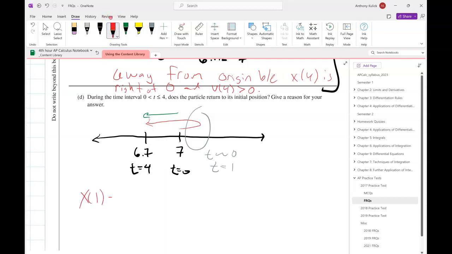So if I do x of 1, 7 plus the integral from 0 to 1 of v of t dt, I get 9.4. So what I found is that is what's going on, right?